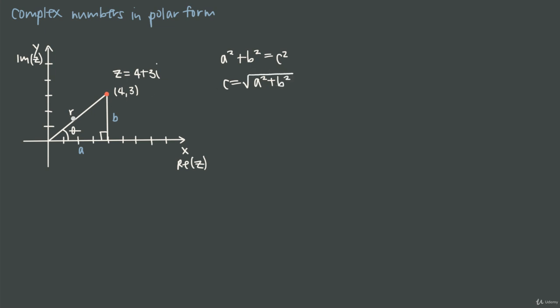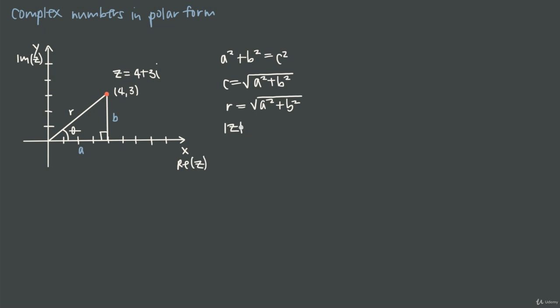But because I want to express this in polar coordinates, and the length of this hypotenuse I've called r as the distance from the origin, I can instead write this as r equals the square root of a squared plus b squared. Sometimes we'll write r as the magnitude or the modulus of the complex number z, which we write like this.